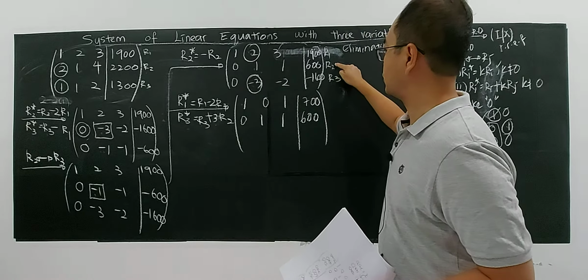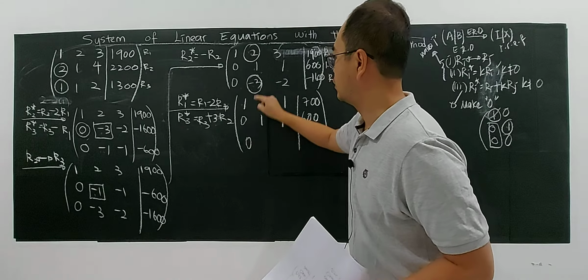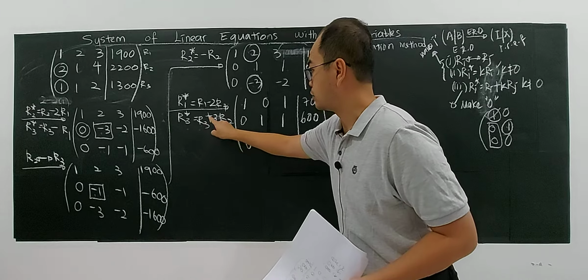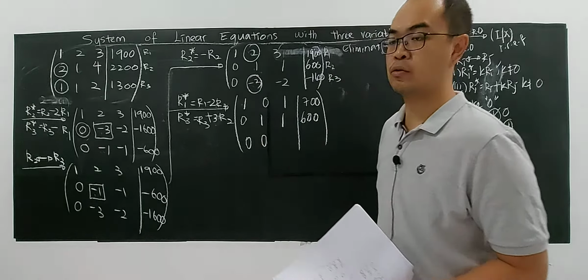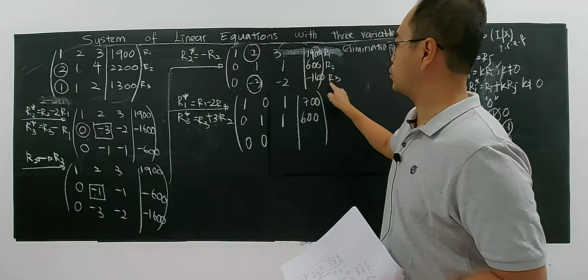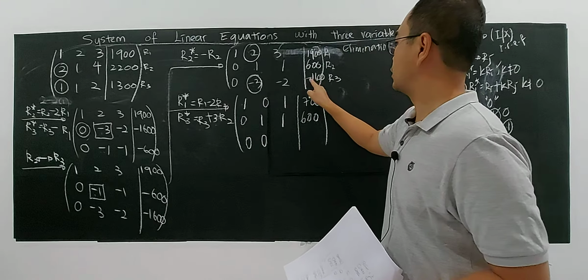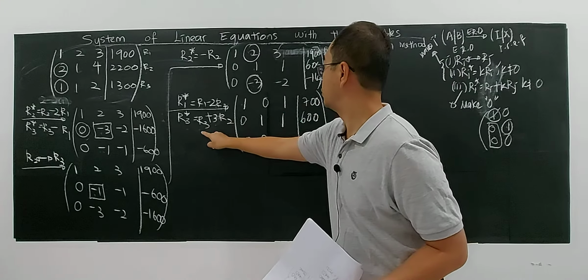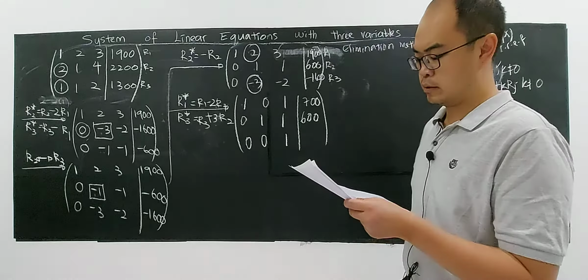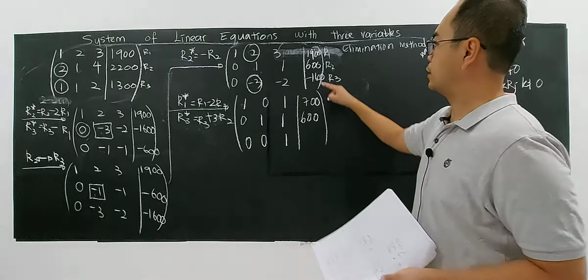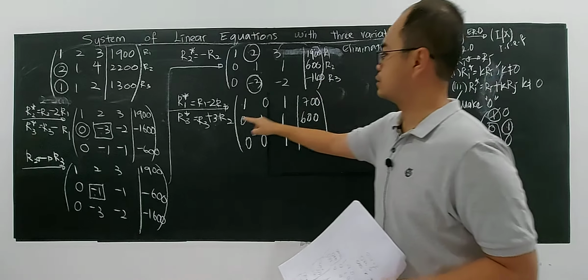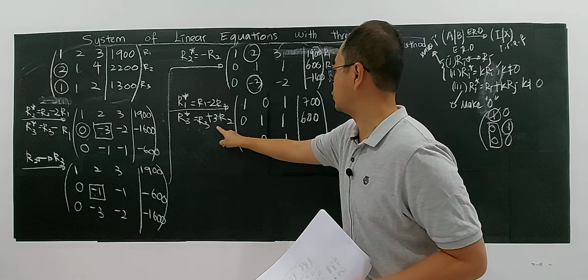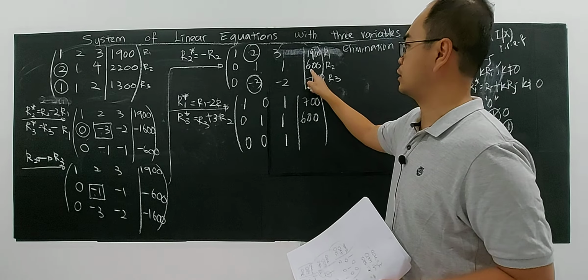Negative 3 plus 3 times 1 will definitely be 0. Negative 2 plus 3, you have 1 here. And this one, negative 1600 plus 3 times 600, 1800.